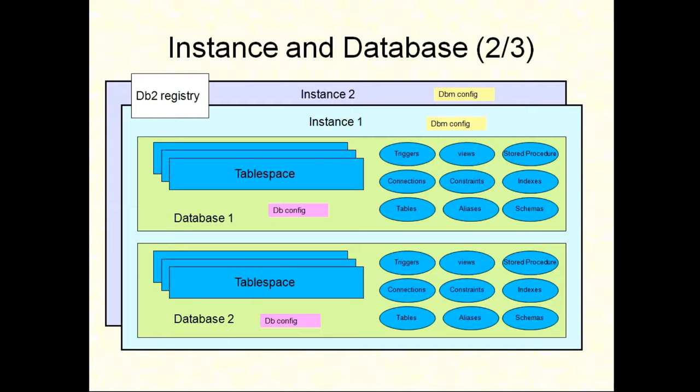Changes to one database configuration file will not affect the other. From this diagram, you can see that instance 1 has 2 databases, database 1 and database 2, and each database has its own set of objects.